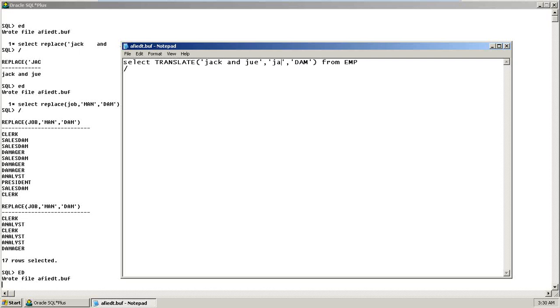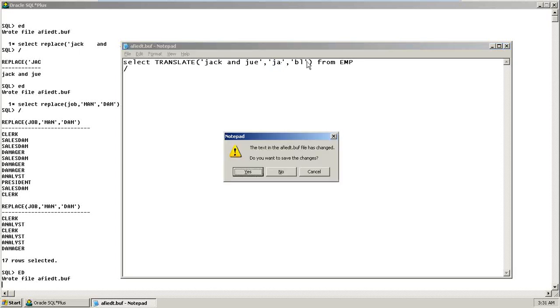I want to replace JA with BL. See, here carefully observe, J is replaced with B, A is replaced with L. As individual characters, wherever the J occurs, it replaces with B. Wherever A occurs, it replaces with L.